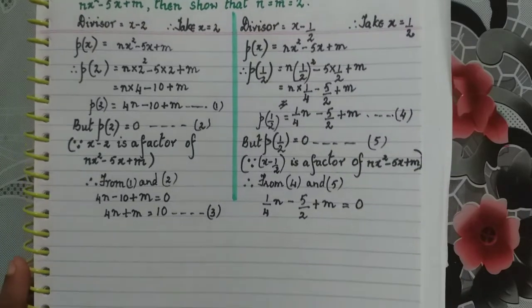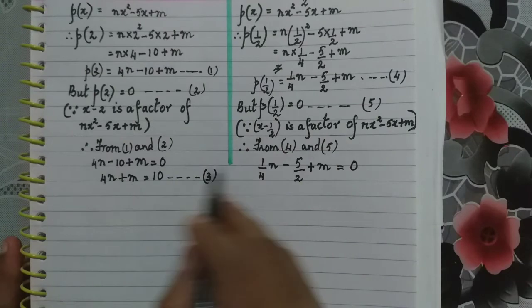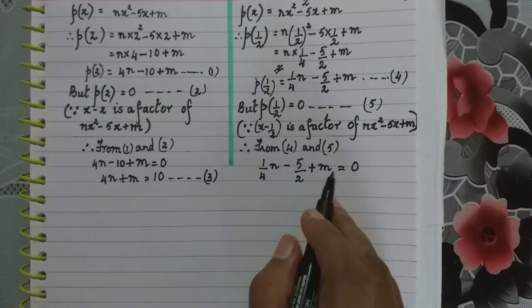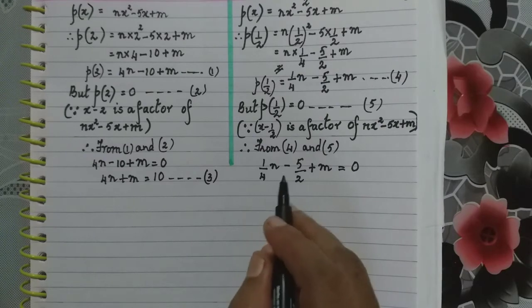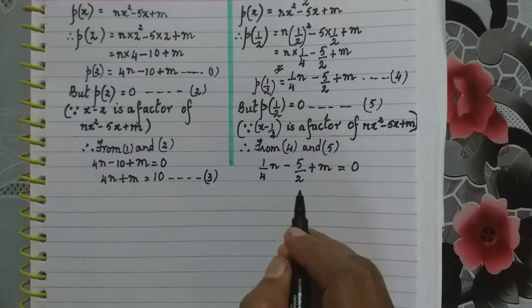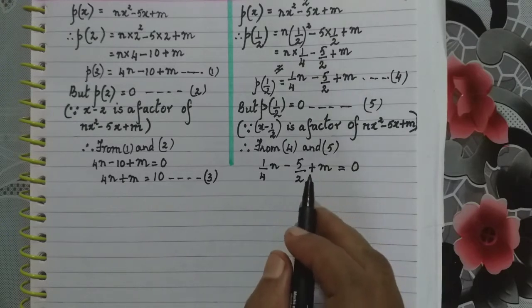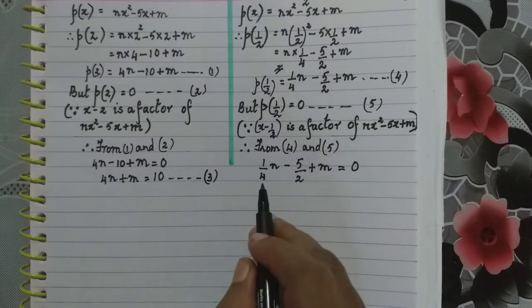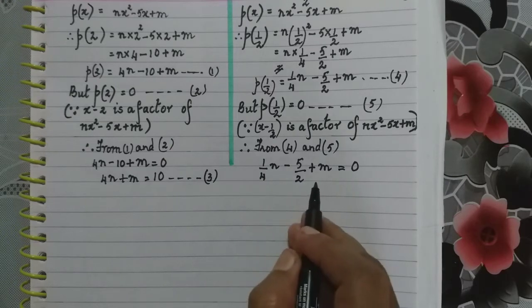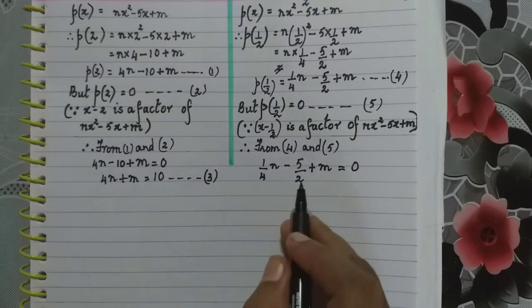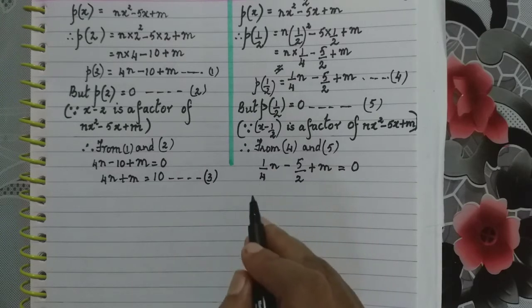Now you see here, unlike the first equation what we got, we have this equation where we have the coefficients as fractions. So what should we do? Find the LCM and multiply throughout. Now if you see the denominators, here we have 4, here we have 2. Which is the bigger denominator? 4. 2 goes in 4, so 4 can be the LCM.